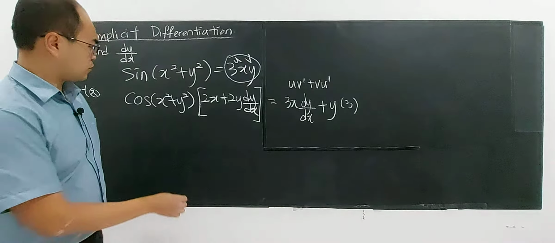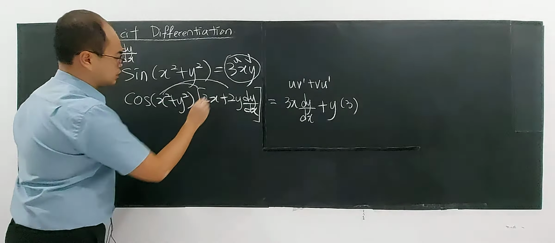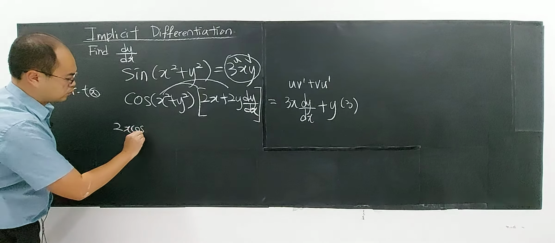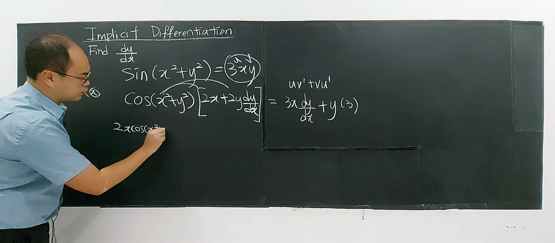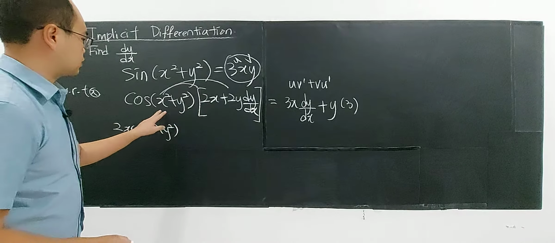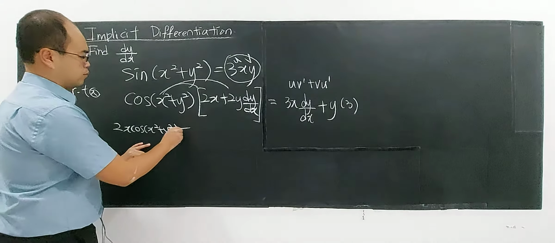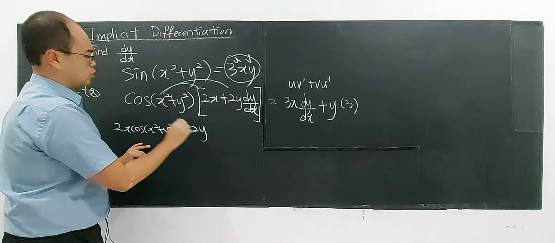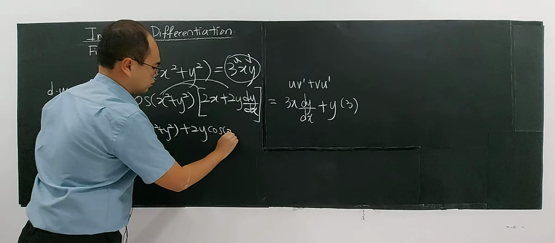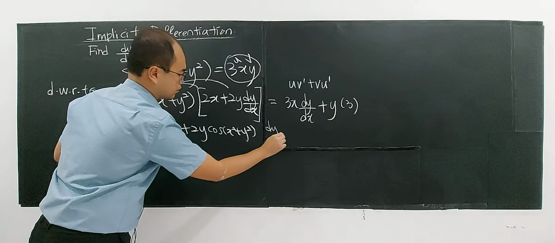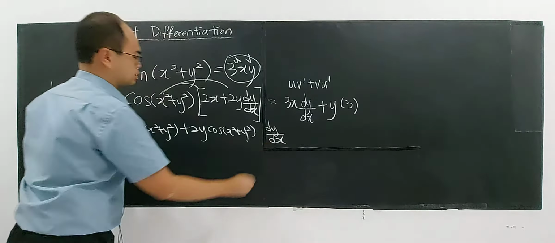So as you need to expand this one inside, you have 2x cos(x^2 + y^2), right? 2x cos(x^2 + y^2) plus 2y cos(x^2 + y^2) dy/dx, right?